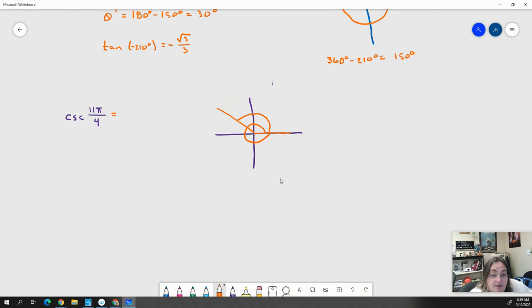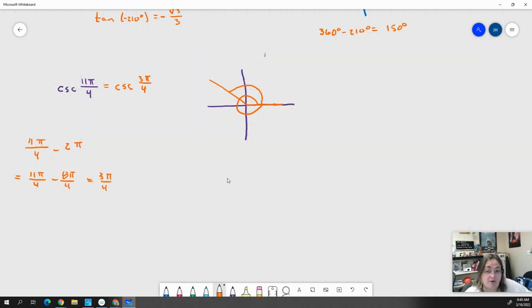If I wanted to know where that landed, I could go 11 pi over 4 minus 2 pi, where I'd have to find common denominators, which would be 4. 11 pi over 4 minus 8 pi over 4 would give me 3 pi over 4. So we can say that this is equivalent to the cosecant of 3 pi over 4. And that's what we will use to find our reference angle.